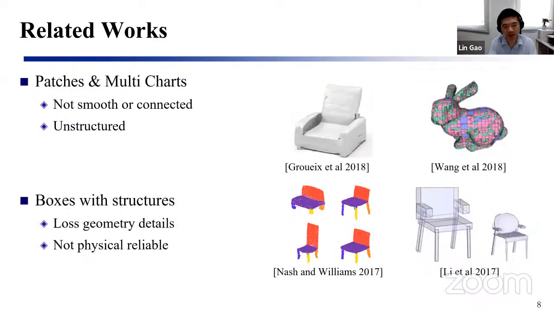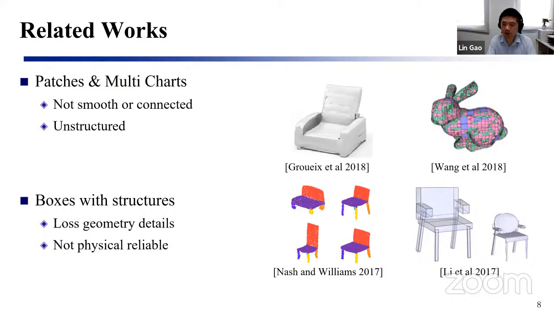There are also other approaches, such as using patches or multi-charts. These ideas are also very popular in geometry processing. They use multiple patches, each patch being a mesh, to approximate the 3D model, but usually these patches are unstructured and not smooth.